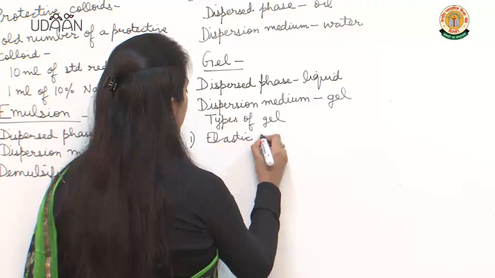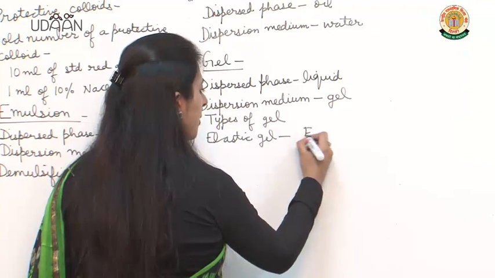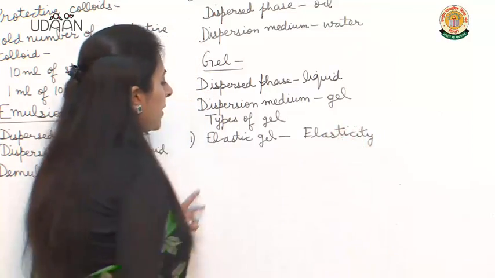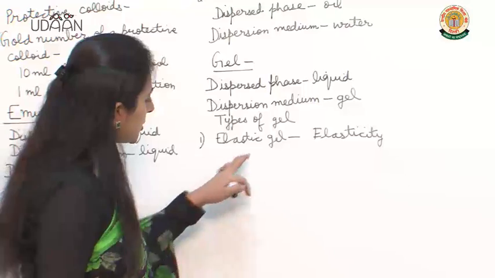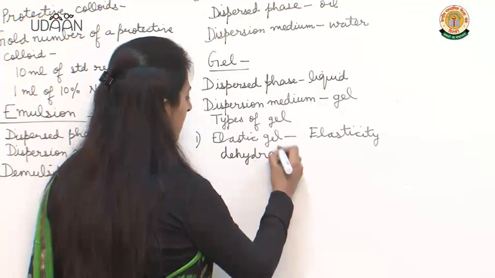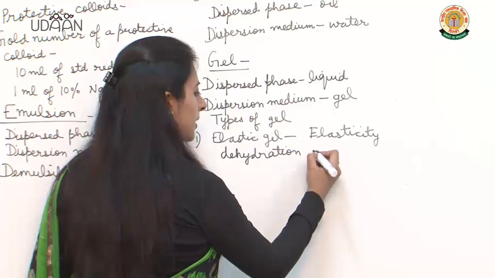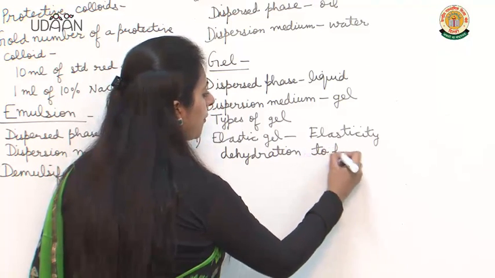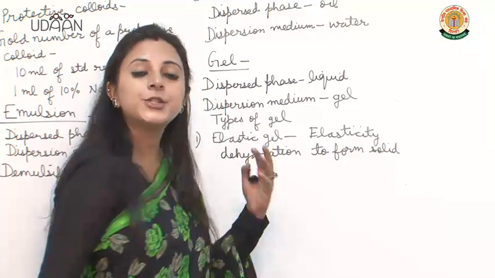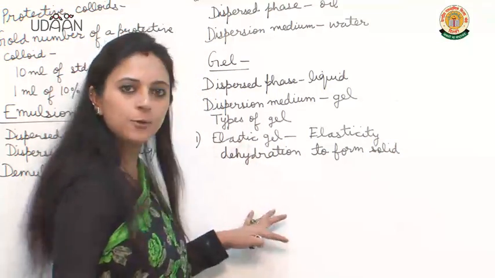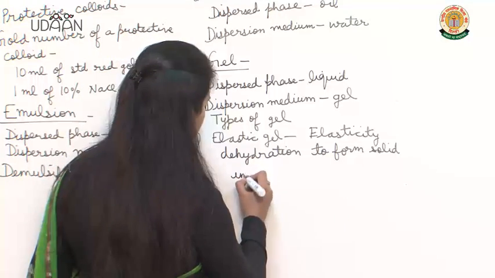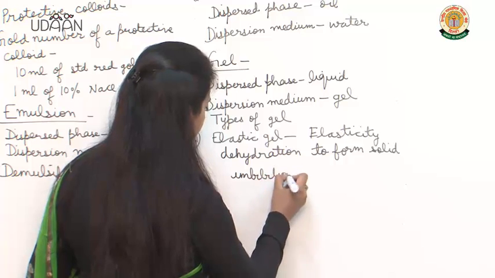As the name suggests, it possesses the property of elasticity. What will happen when you heat an elastic gel? It will undergo dehydration to form a solid. But when you add water back, it will swell and this process is known as imbibition.